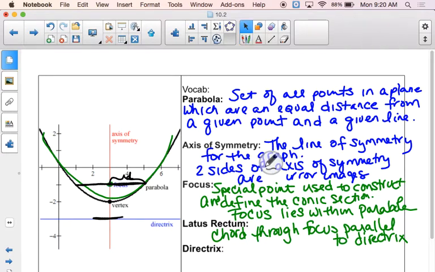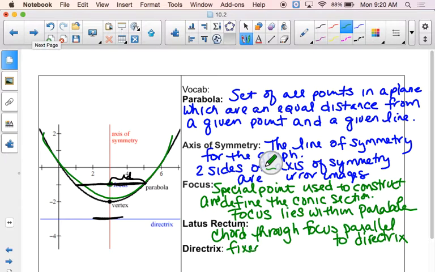And the directrix is the fixed line used to describe the curve.